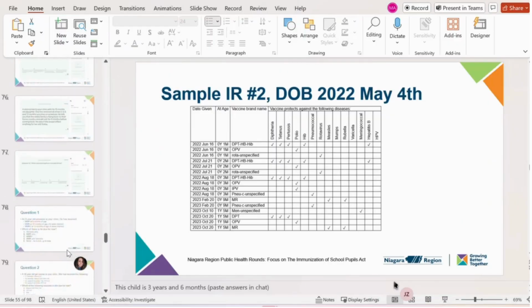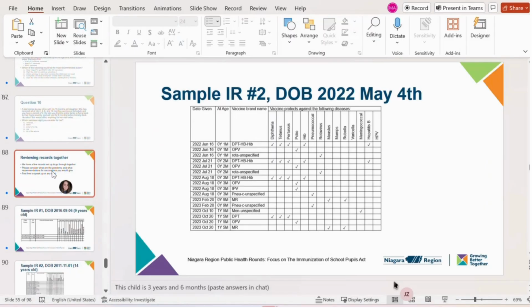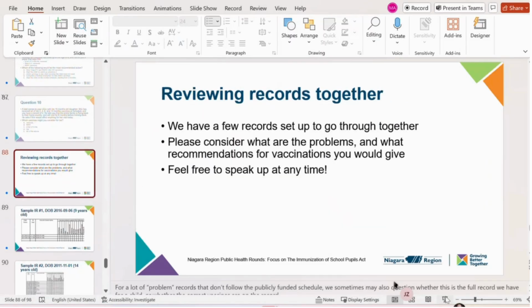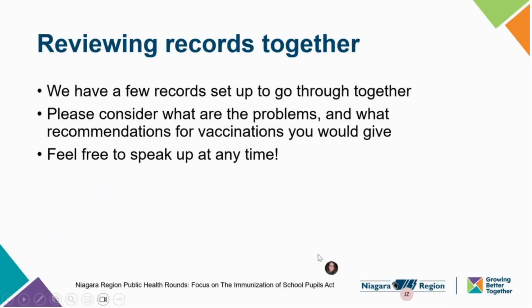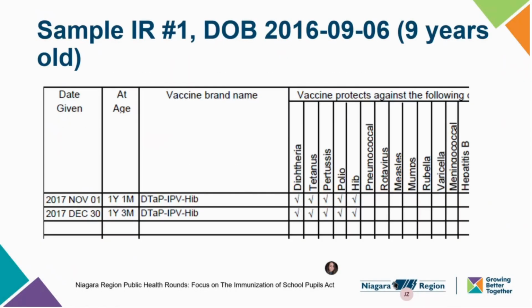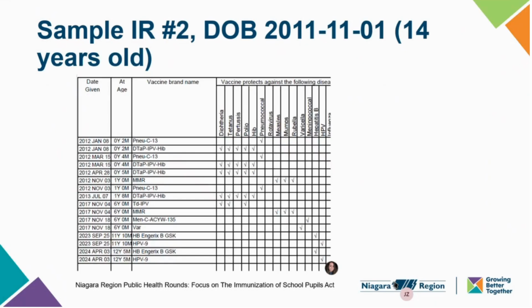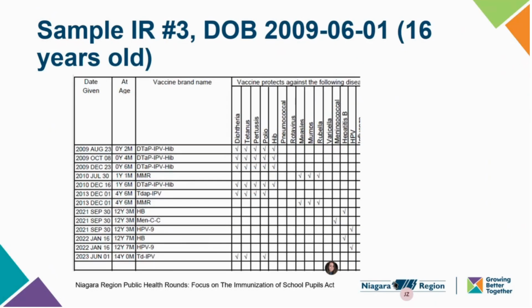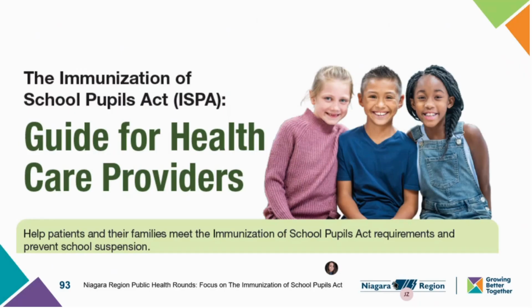I did also have some sample records to go through with everybody. We do appreciate your participation in these interactive components and for you responding to these as well. We do have a new resource coming out for healthcare providers, which I've alluded to, which is a table that discusses the minimum intervals for the Immunization of School Pupils Act and the minimum required.